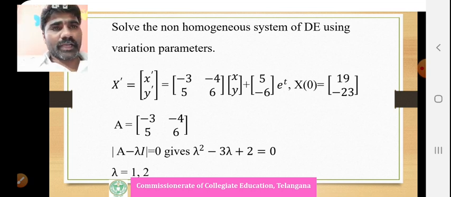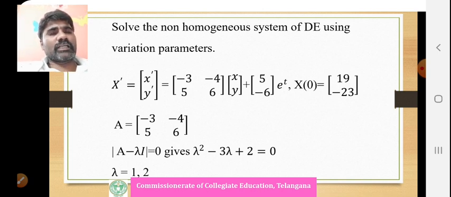First we have to find the complementary solution for the homogeneous part, that is x dash equals Ax. For that we have to evaluate the eigenvalues and eigenvectors of the matrix A.